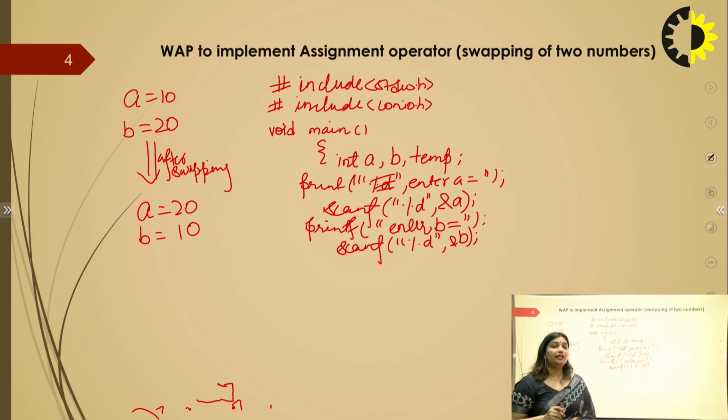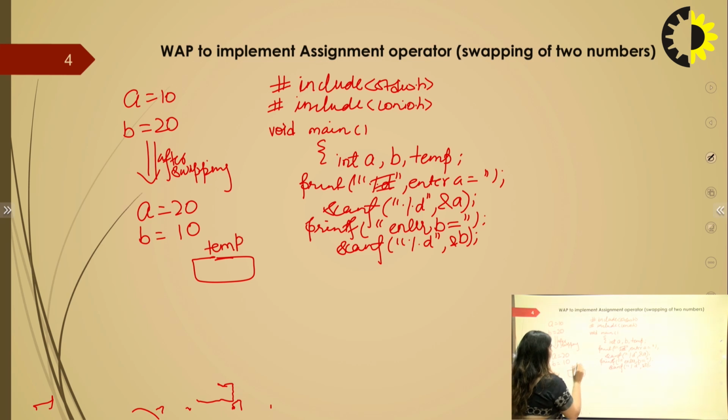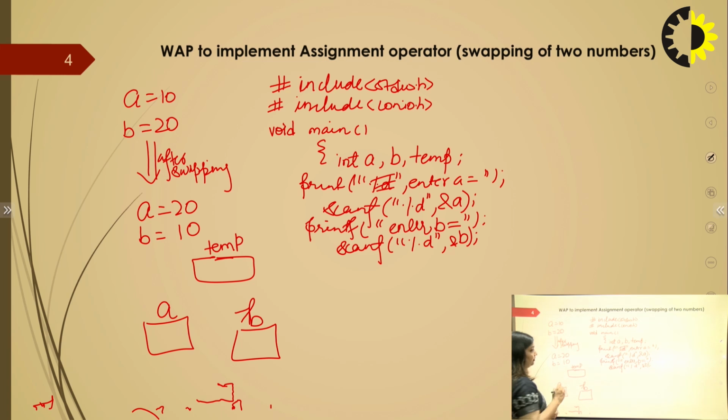Now we need to understand the logic of swapping. So let's take a temp variable here. Here is a and this is b. If we have entered the value of a as 10, for the time being we insert this 10 value into temp.